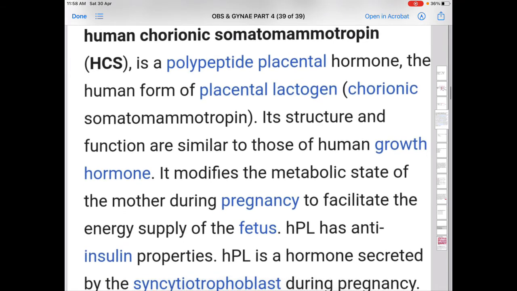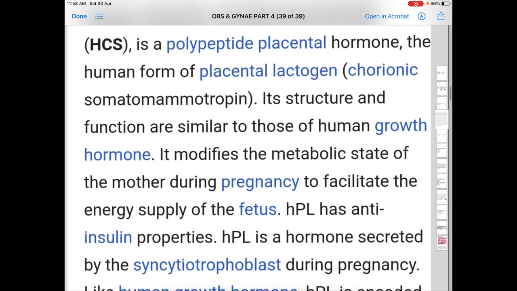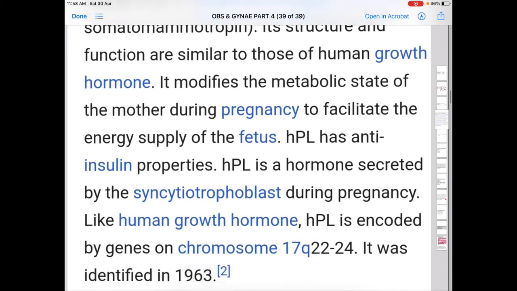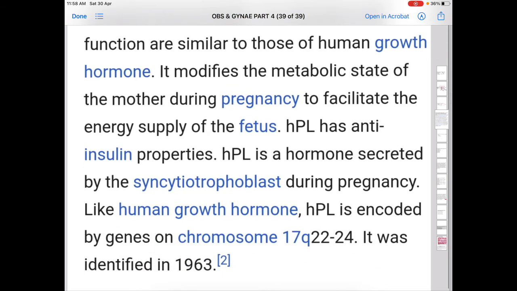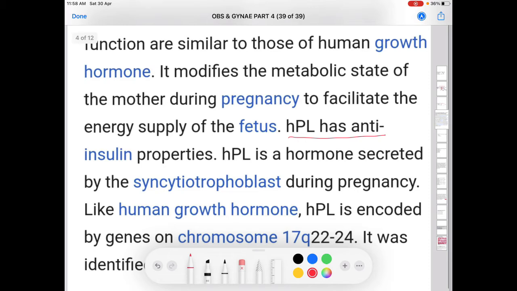Its structure and function are similar to those of human growth hormone. It modifies the metabolic state of the mother during pregnancy to facilitate the energy of the fetus. Here they wrote HPL has anti-insulin properties. HPL is a hormone secreted by the syncytiotrophoblast during pregnancy.